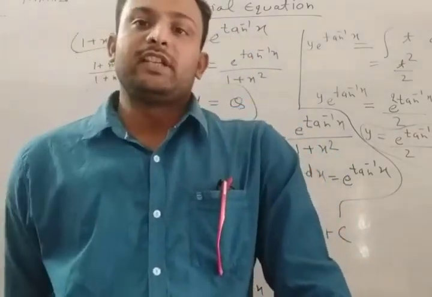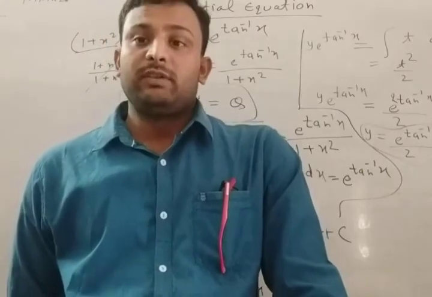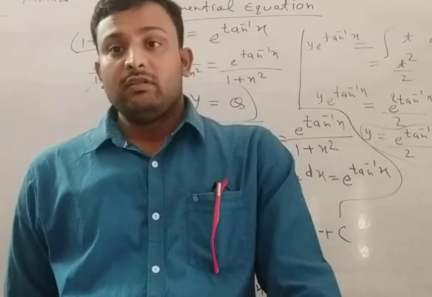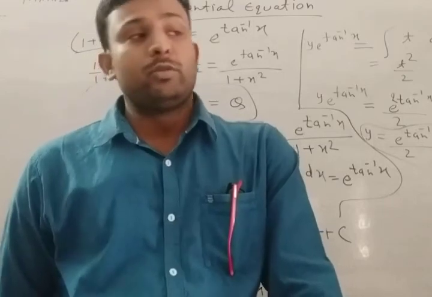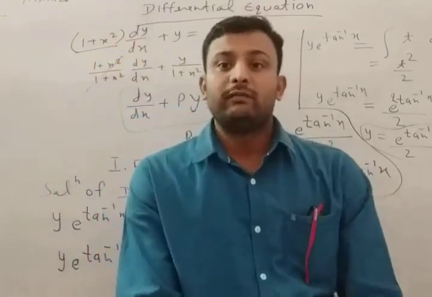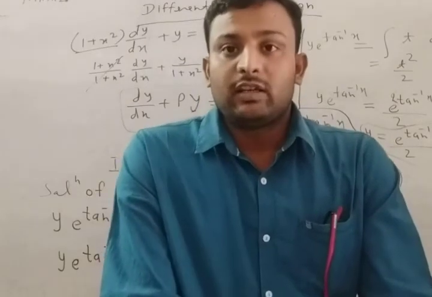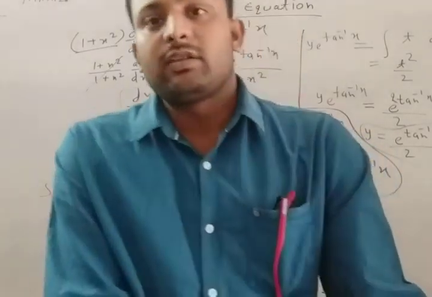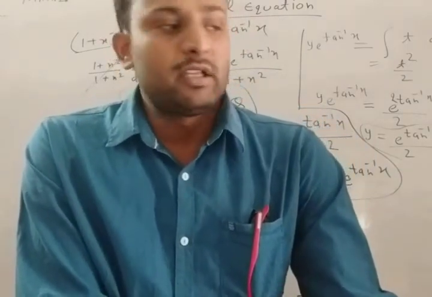And in the homogeneous method you have seen that first we check that the degree of the numerator and denominator are the same. If the degree of the numerator and denominator are the same, then we can say that it is a homogeneous differential equation, and then we start solving by this method.